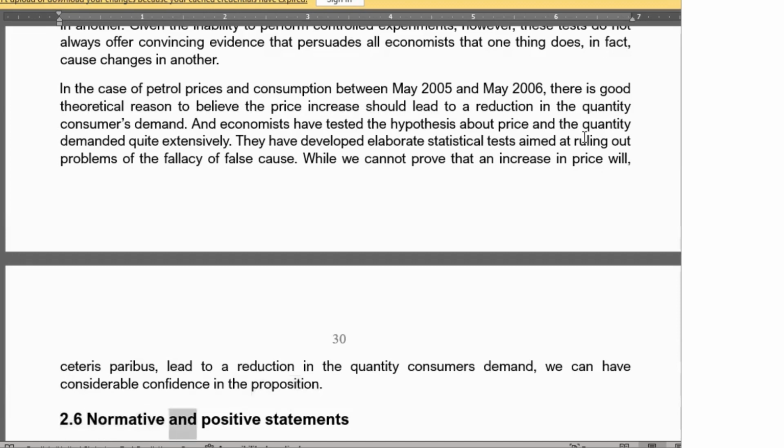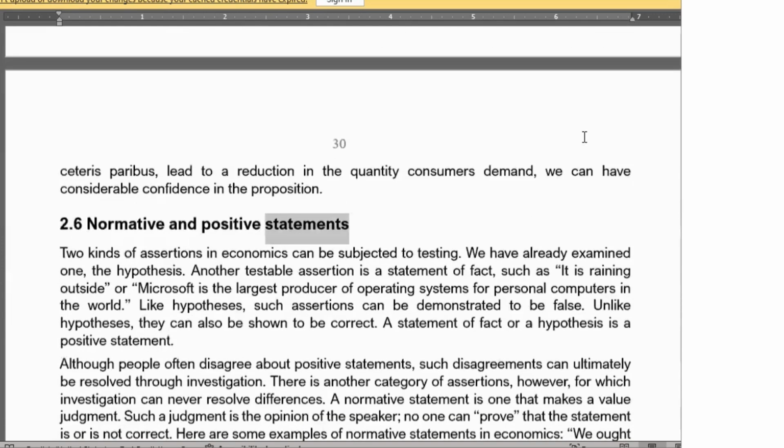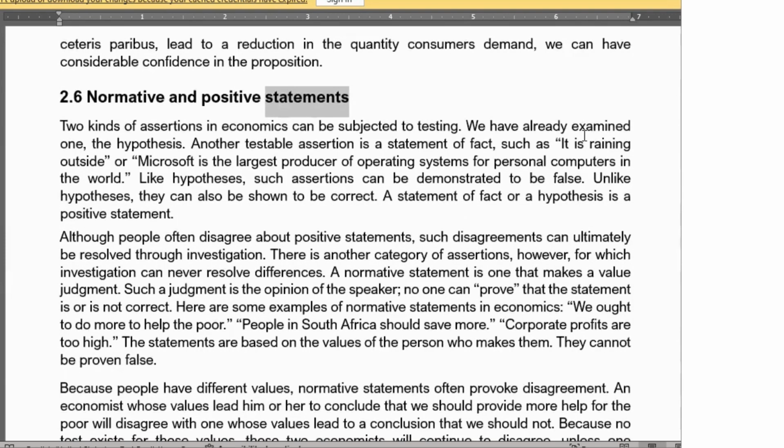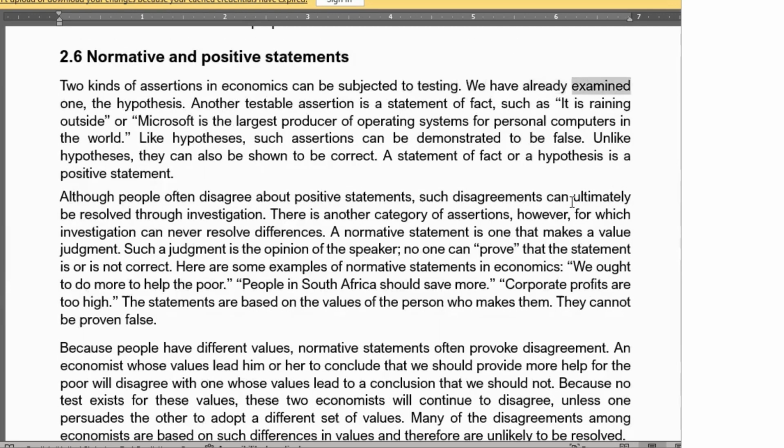2.6 Normative and positive statements. Two kinds of assertions in economics can be subjected to testing. We have already examined one, the hypothesis.